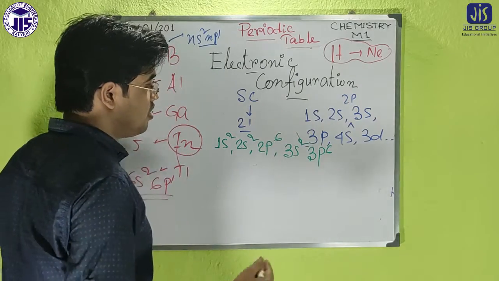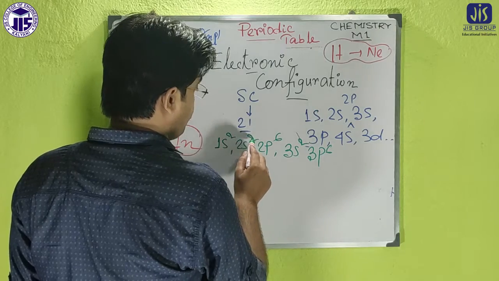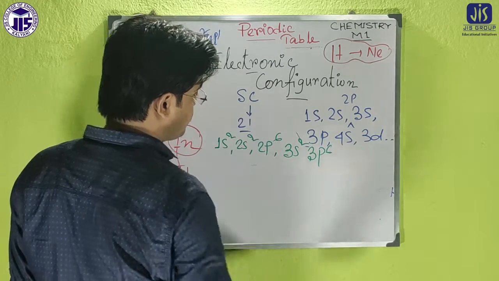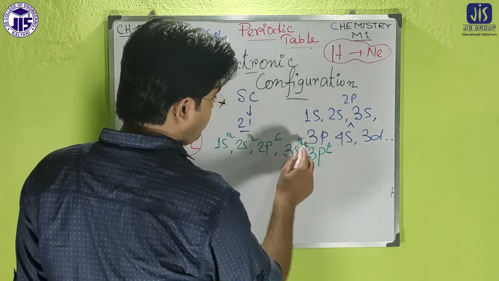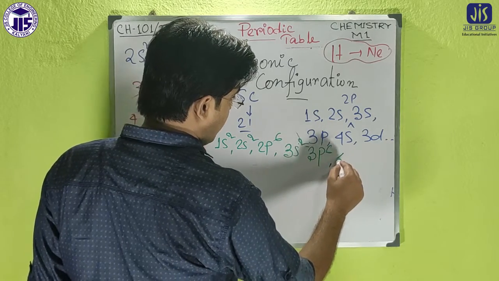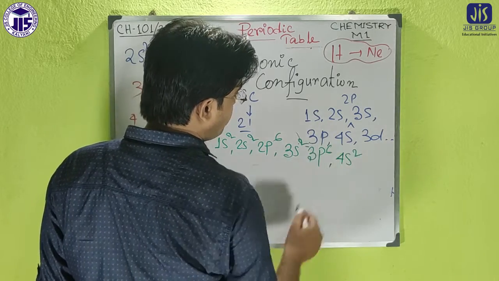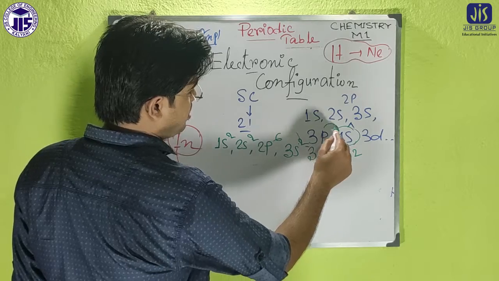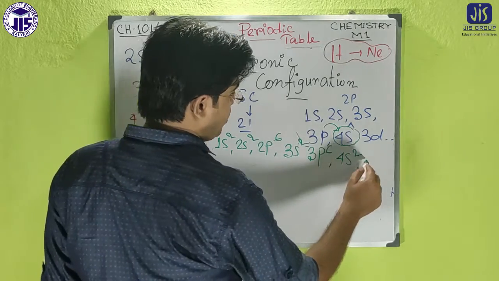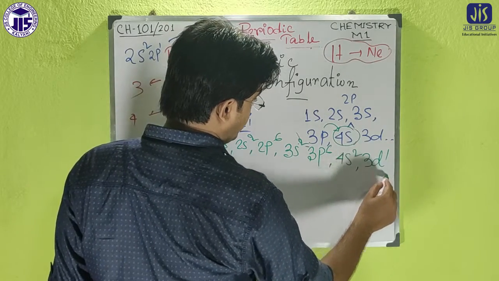What are the remaining electrons? 2 plus 2 is 4, 4 plus 6 is 10, 10 plus 2 is 12, plus 6 is 18. After that it will be 4s2, because you know that after 3p it will be 4s, and the remaining 1 electron will be 3d1.